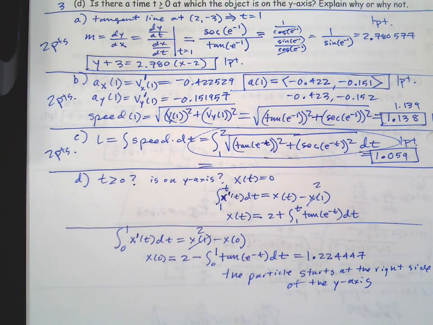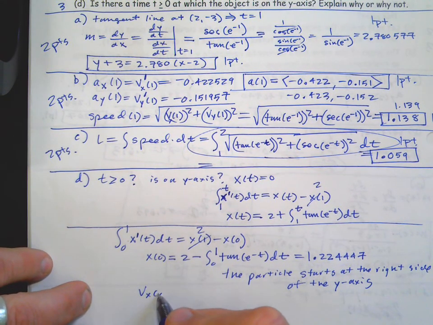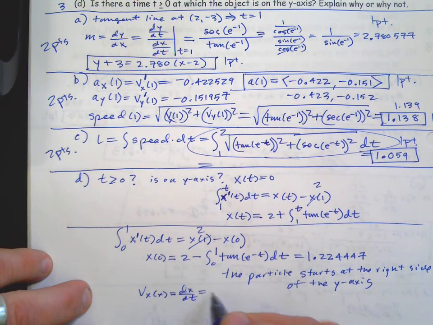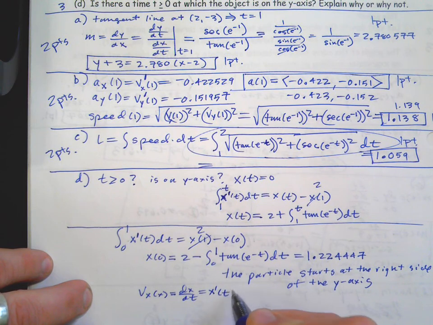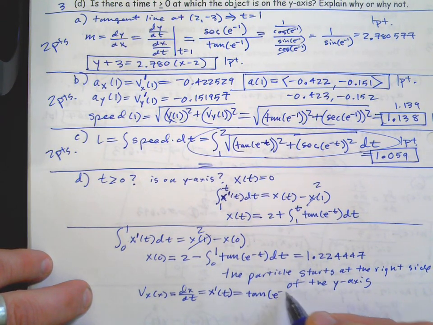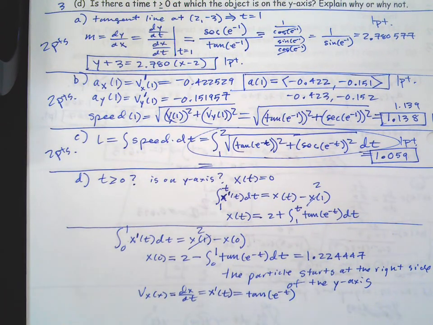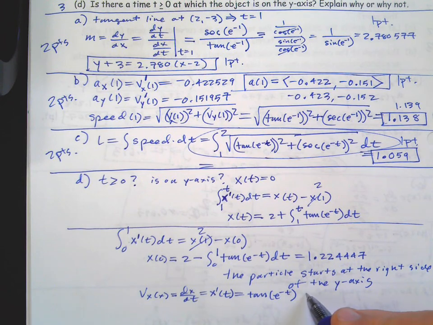And then I guess what we could do is we could look at the velocity. Now the velocity, Vx equals dx/dt, x prime of t, was tangent of e to the negative t. Now, what happens for all times t greater than or equal to 0?